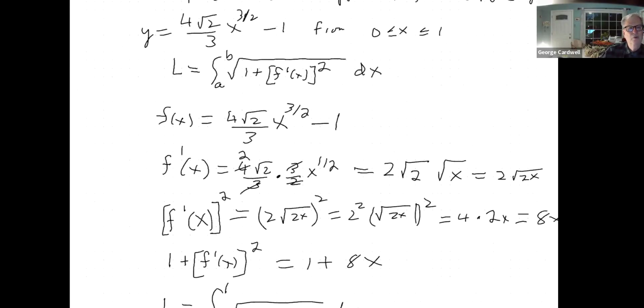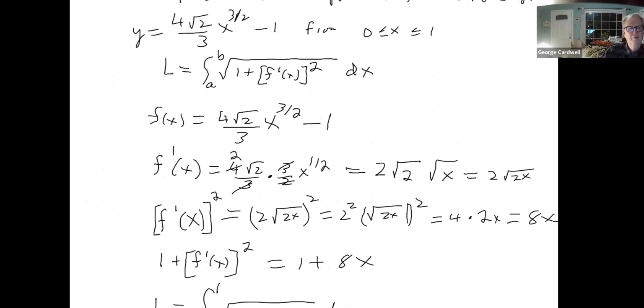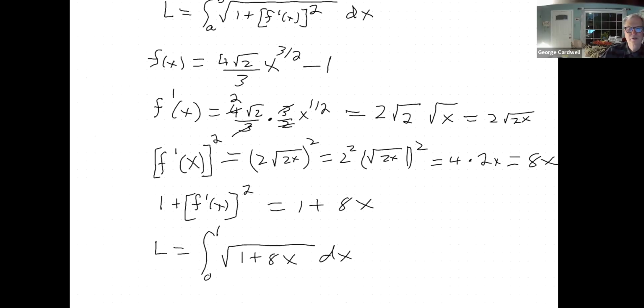F of x is 4 root 2 over 3, x to the 3/2, minus 1. Compute f prime x, get 2 root 2x. Square it, get 8x. And then add 1 to it, 1 plus 8x, and that's what goes under the square root.